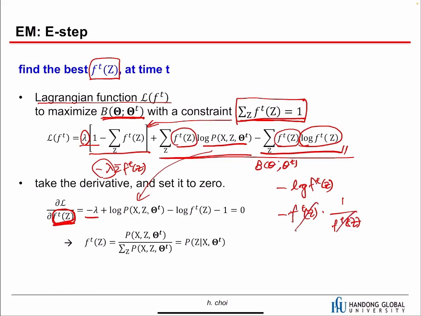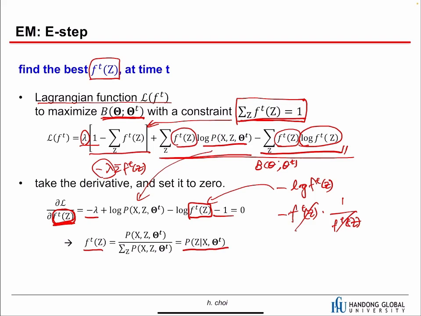Then we cancel, so we have minus 1. And then we rearrange the terms. So we have f of z here, and we can rearrange the term. Then f of z will be p of z given x and theta t.